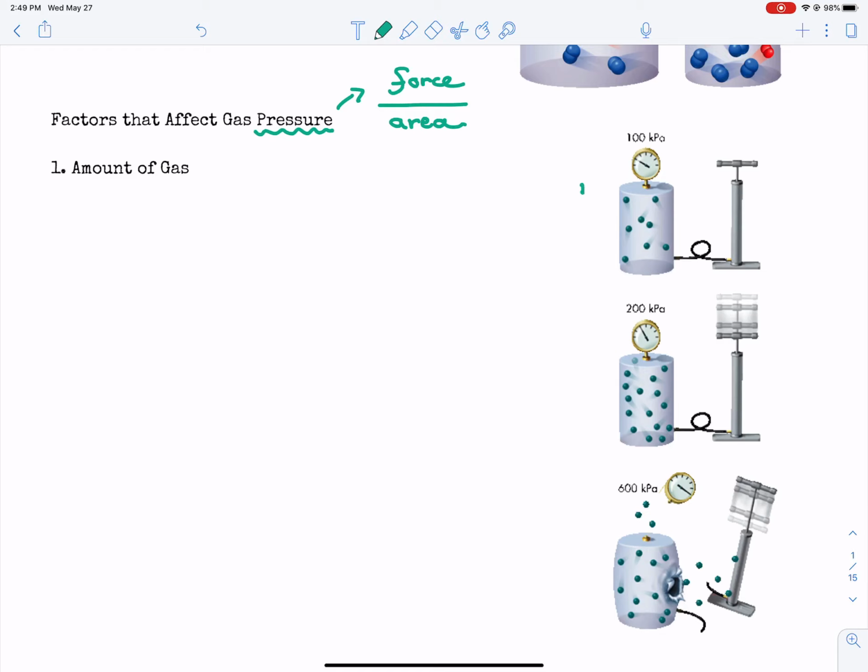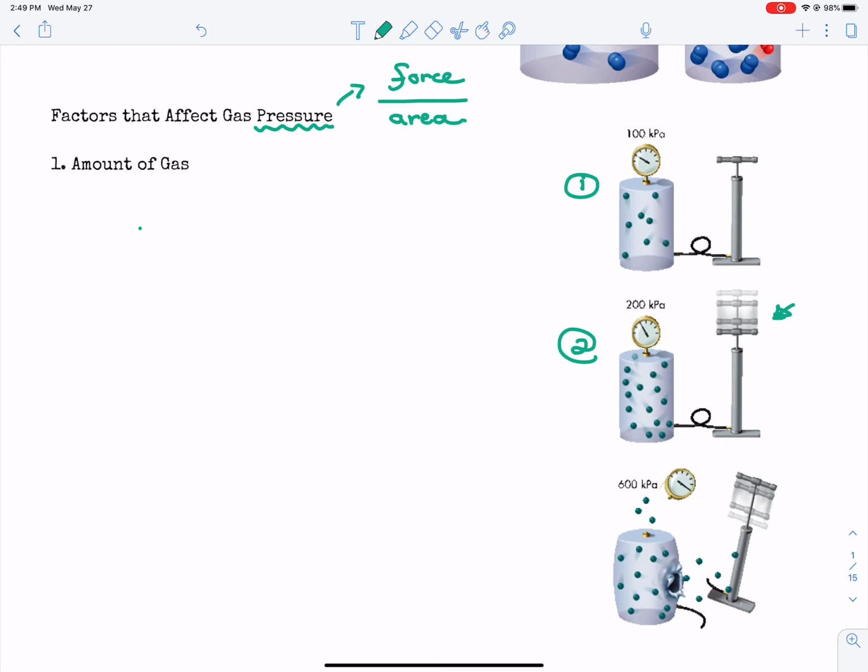In the first picture, there's a certain number of moles of gas and the pressure is 100 kPa. In the second one, I have pumped in more moles of gas. The relationship is that if I increase the number of moles, I increase the pressure.